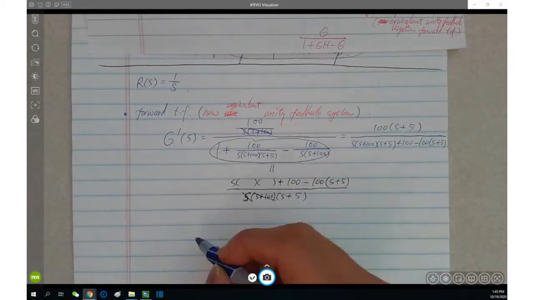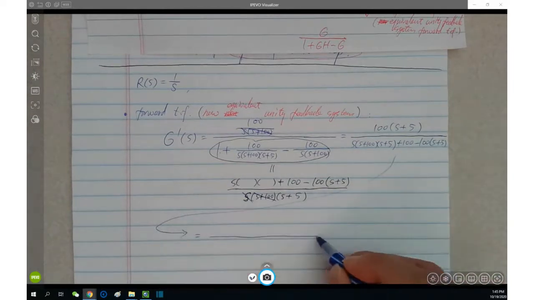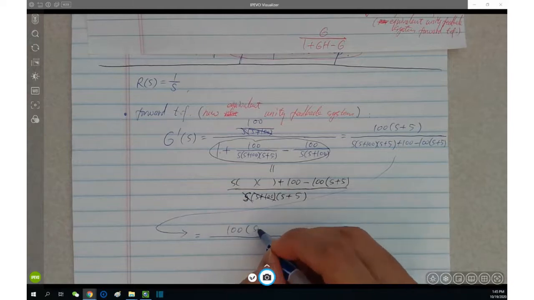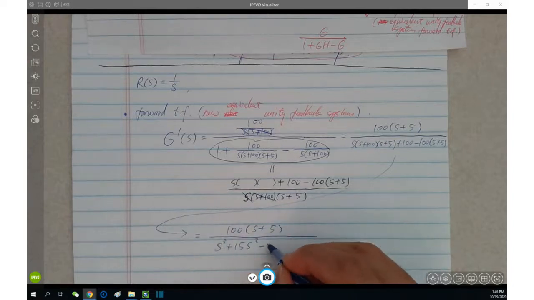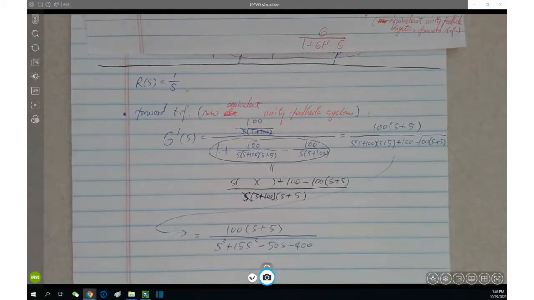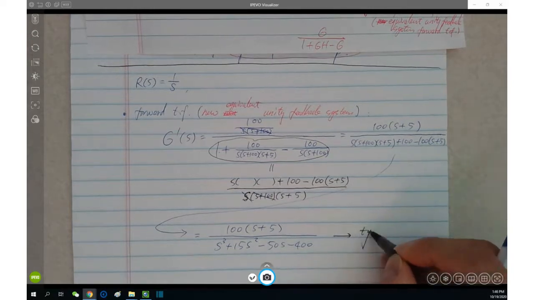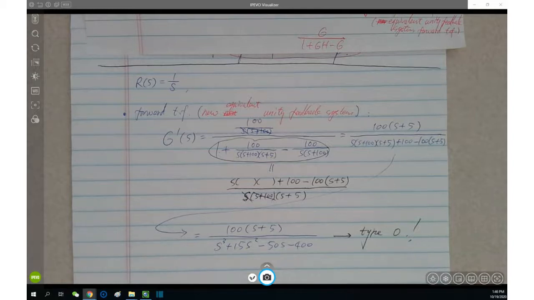Now you can further derive it, of course, here. Equals to 100 times s plus 5 over a polynomial of s, obviously. And what do you see? Type 0. You don't have an s term. Does it make sense?